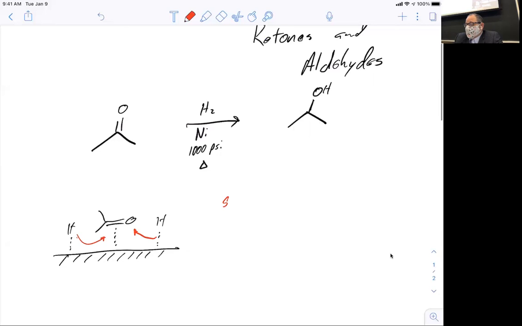So this would be a syn type of addition. All our metal catalysts, except for the dissolving metal, but our metal substrate catalysts, such as reduction of alkenes to alkanes and alkynes to alkenes, they all are going to give us a syn addition. Same thing here. We would give a syn addition.